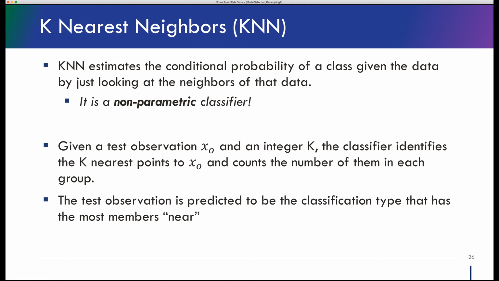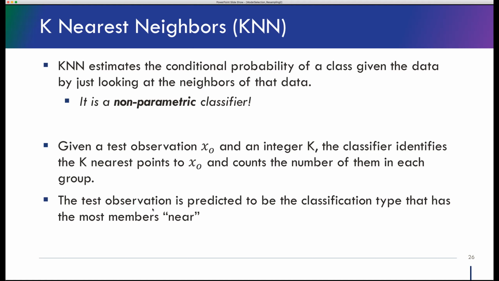We only need one thing, the K, which is the number of neighbors you look at when you determine the class for your testing data. Given a test observation x0 and an integer k, the KNN classifier will identify the k nearest points to x0 and count the number of them in each group.